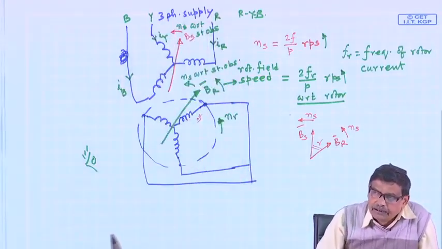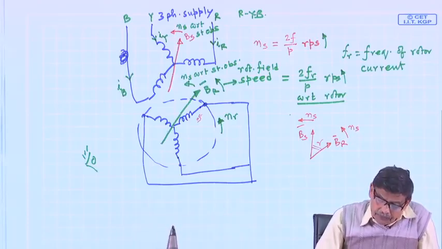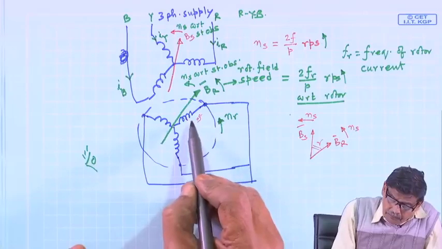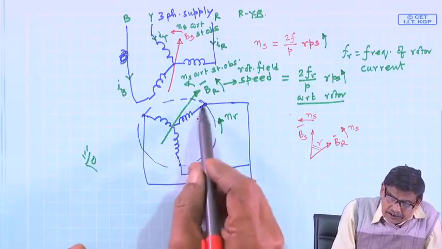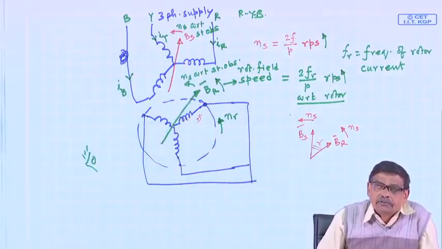Therefore, he has to calculate the induced voltage for Br and Bs separately, then add them up.